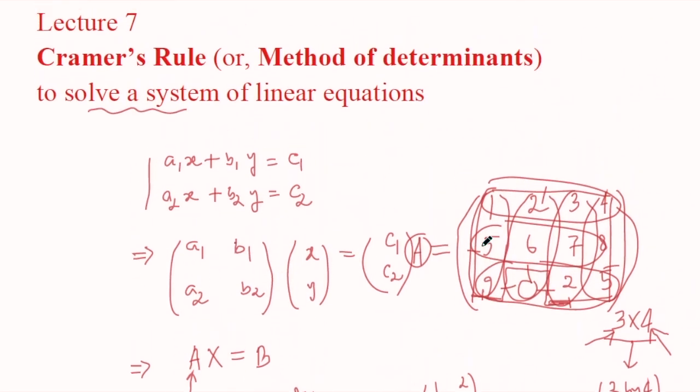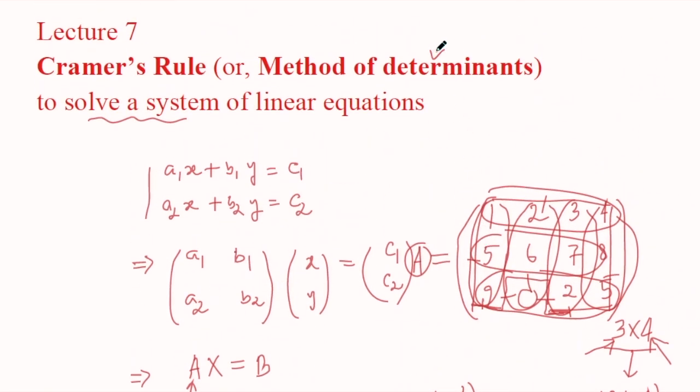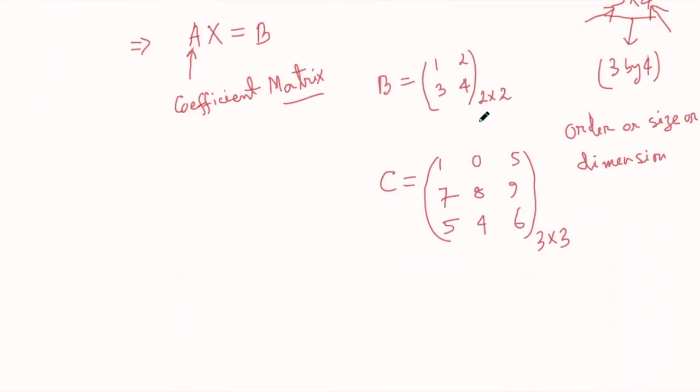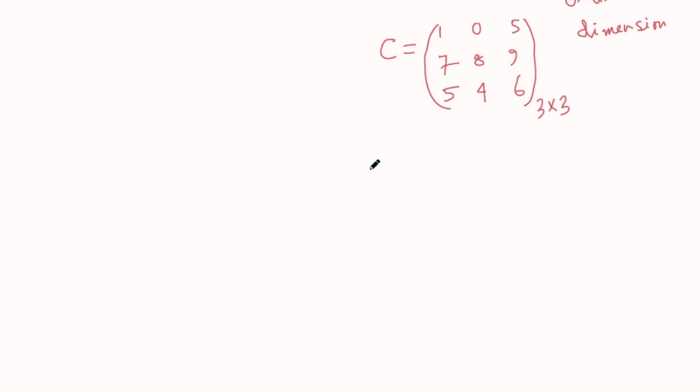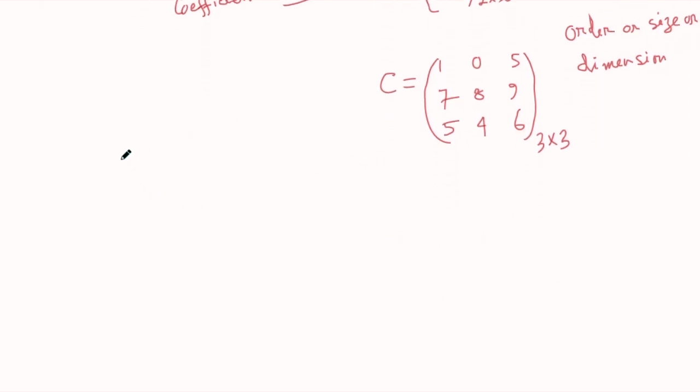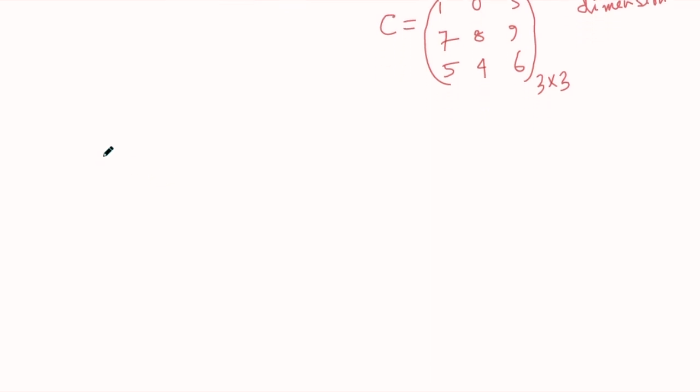Now you can find the determinant only of a square matrix, and the determinant of a matrix is the value of that matrix. Let me first define the determinant of a matrix. Let's say A is a square matrix, with first row a b and second row c d.